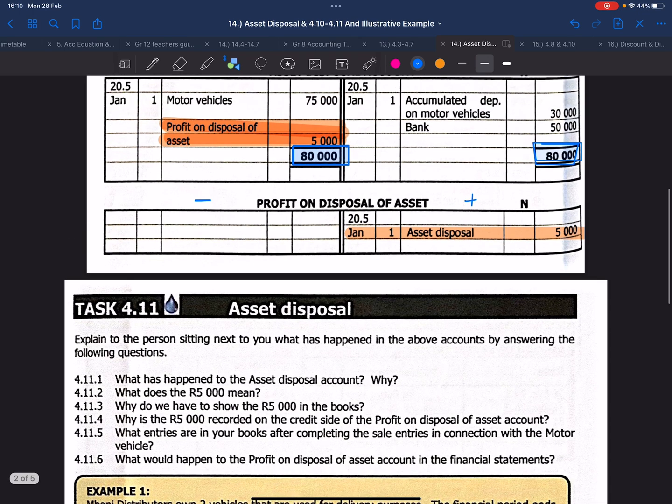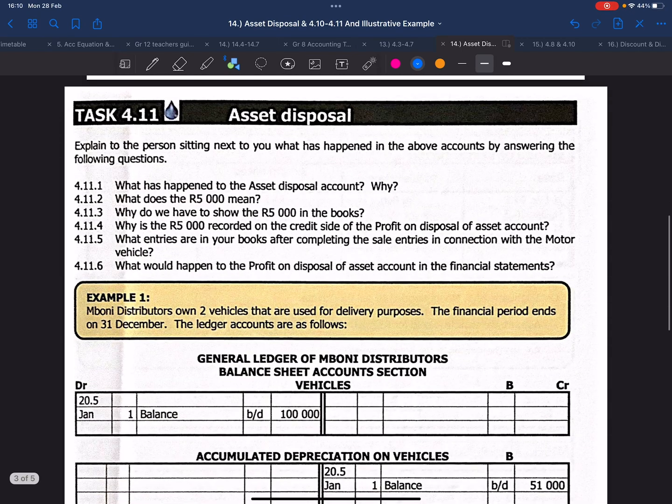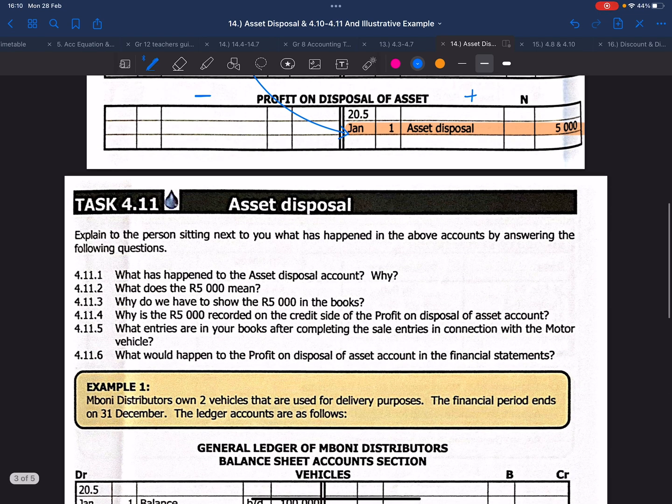So because we calculated that profit, we have now balanced the asset disposal account and it agrees on both sides. Then it says, what does the 5,000 Rand mean? So what it means is we made a profit. We sold the asset for 5,000 Rand more than what it was worth on the day that we sold it.